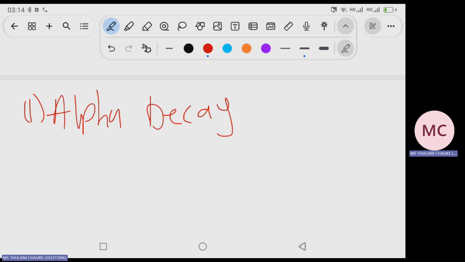So generally, if we're talking about an alpha decay, let's say you have got an element X with a mass number, and here let's say it's Z for proton. So our element is going to lose the number of neutrons. I just want to get an example here from your slide.